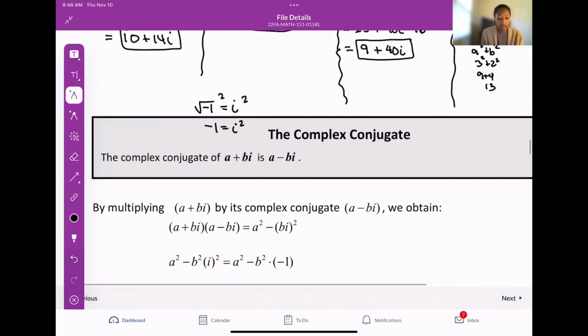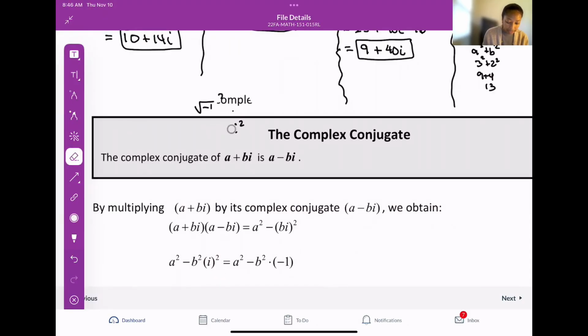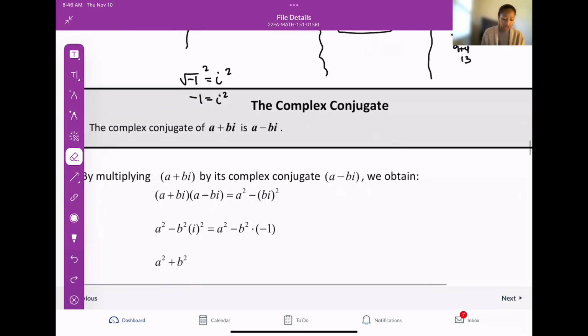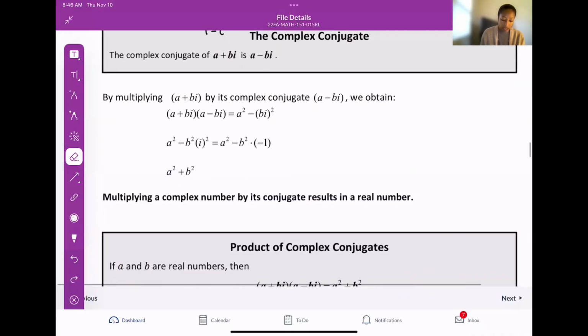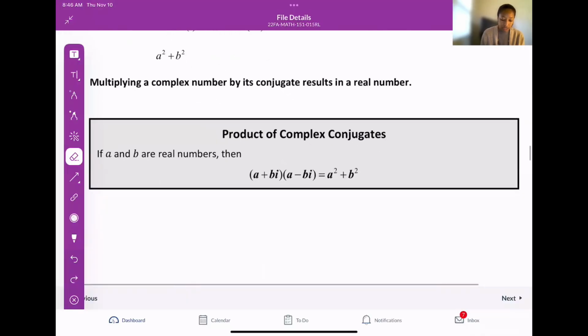So the complex conjugate, the conjugate of A plus Bi is A minus Bi. Pretty straightforward. And as we just showed, if you multiply a number by its conjugate, you just get A squared plus B squared.